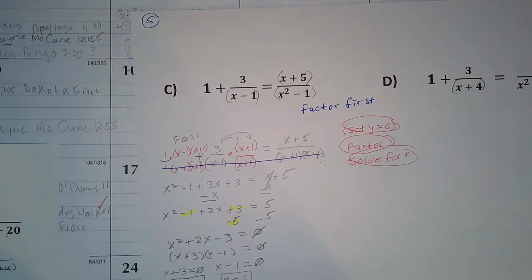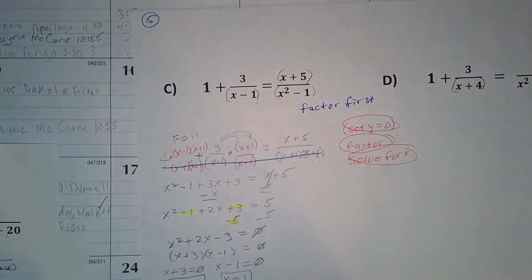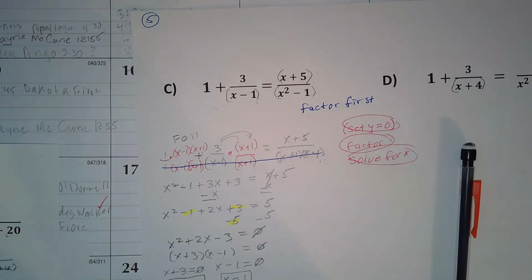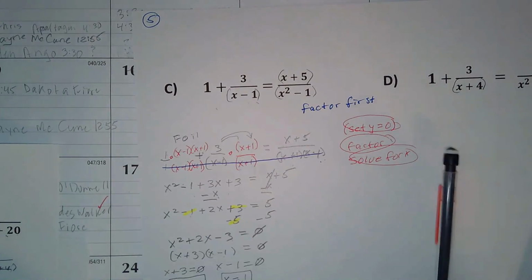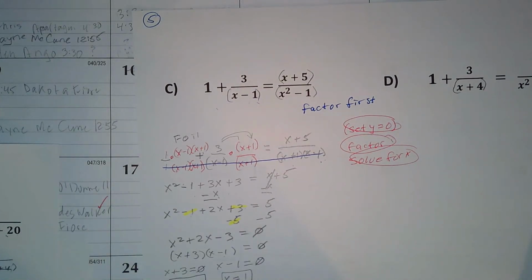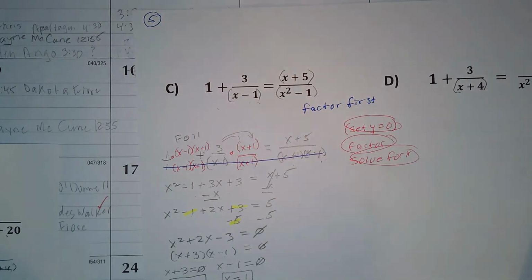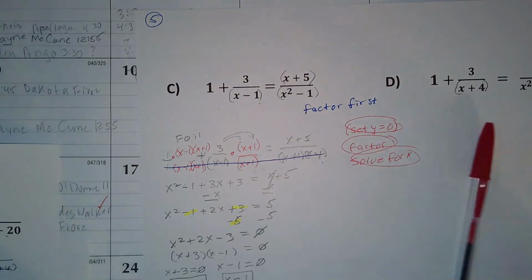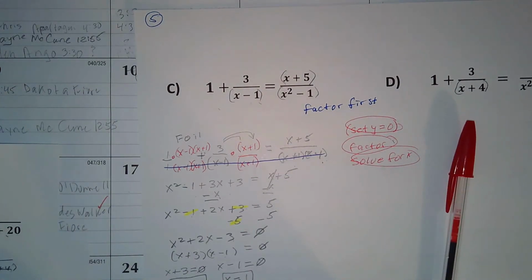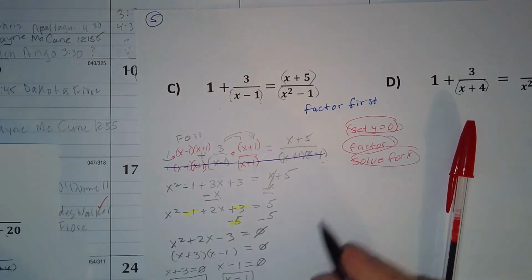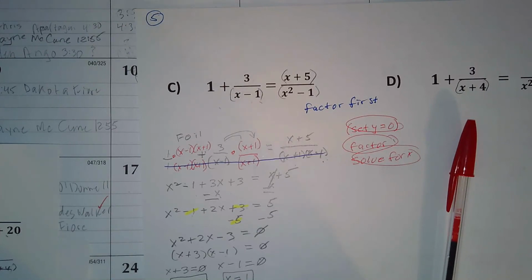And that equals, x is now again -3, plus 5, divided by x squared, so -3 squared, minus 1.